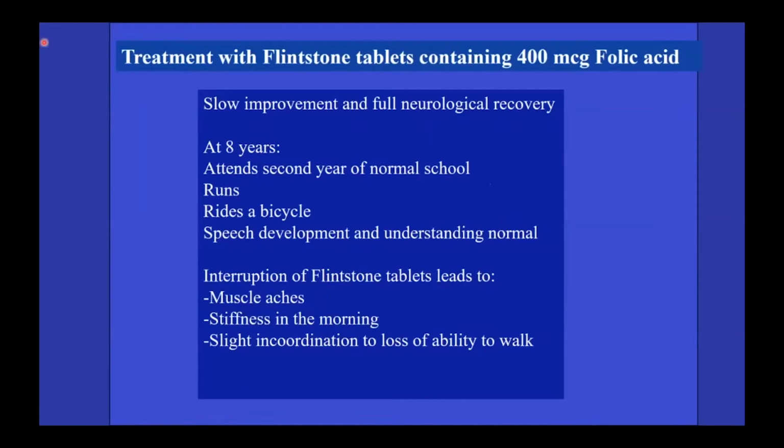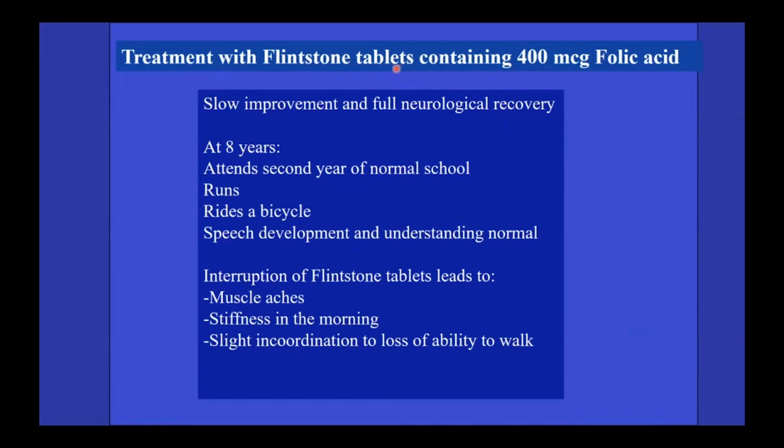After a while we saw him back, and in between he had received during 6 months 1 Flintstone tablet a day containing 400 micrograms folic acid, which is a huge dose, 5 times the recommended dose for a child of 3 years.